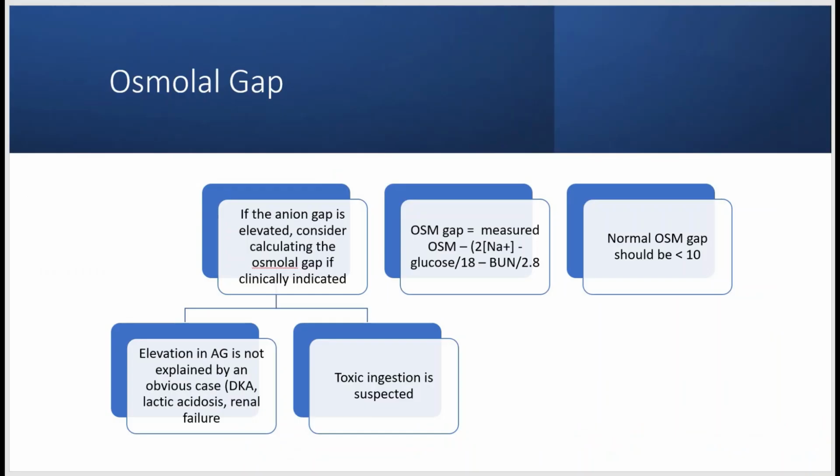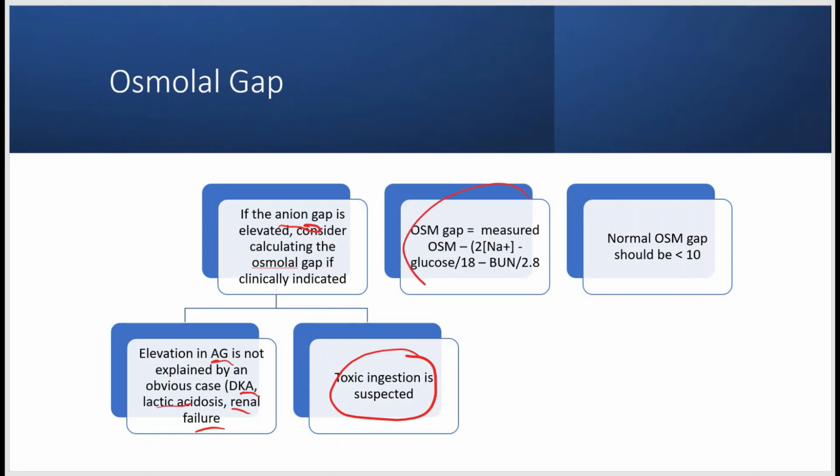I also want to briefly talk about the osmolar gap. If the anion gap is elevated, consider calculating the osmolar gap if clinically indicated. For example, if you have a toxic ingestion, or if this elevation in anion gap is not explained by an obvious cause, such as DKA, lactic acidosis, or renal failure.